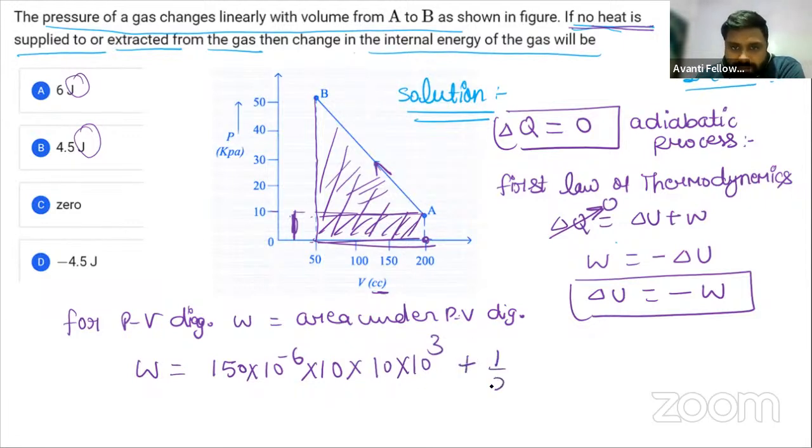Plus the area of this triangle, which is half into base into height. What is the base? The base is the same as the length of this rectangle, which is 150. Multiply by the height.